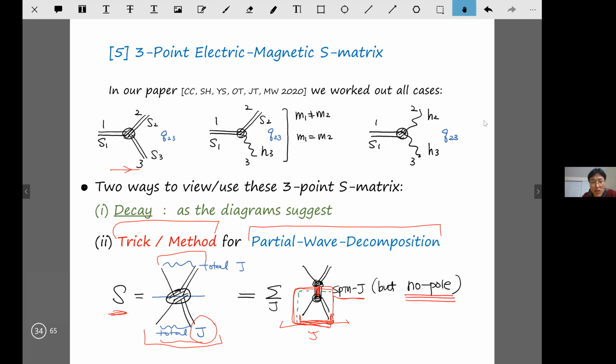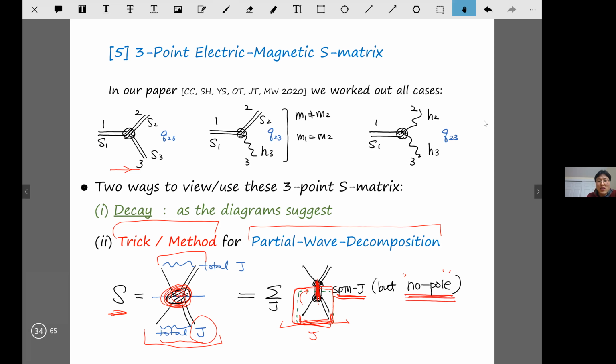Of course, importantly, like I promised you, I'm going to be doing a local process here. So I'm not going to put any pole associated with this in state, so the intermediate state. Again, I'm not saying that there will be a physical intermediate state, but I'm just visualizing or imagining this partial wave decomposition as if there is a two-particle state turning into a state with a total spin J. So importantly, I will not put the pole at all for those.